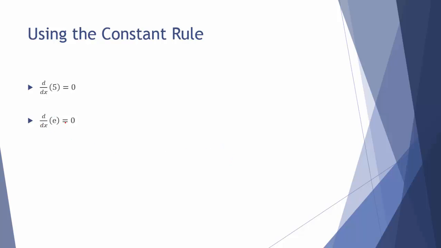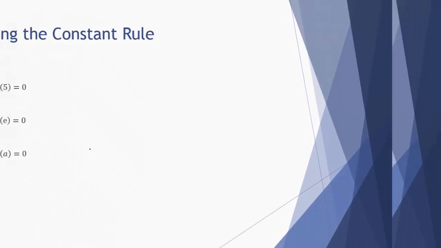But even though it's written as e, e represents a specific number. So its derivative with respect to x is going to be 0. The derivative with respect to x of a. Notice I didn't tell you what a is, but as soon as you see that this derivative is with respect to x, a is a constant, so its derivative will be 0. So that's the constant rule.